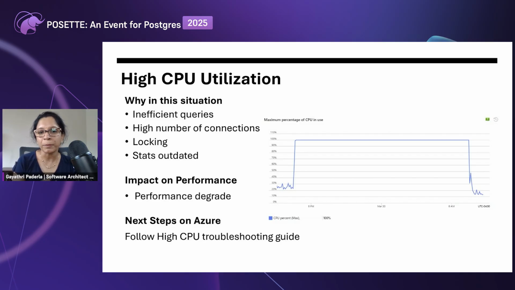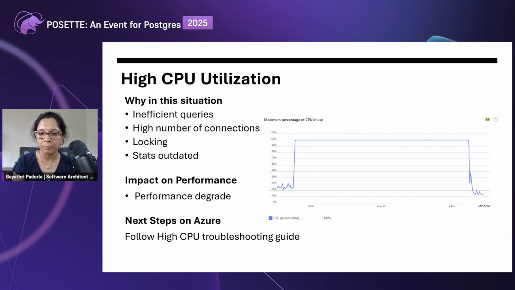If your PG stats are outdated, in all these scenarios you will see that your CPU utilization has gone high. The moment your CPU utilization goes high, the performance of the server and of the queries degrades. To avoid being in that situation, we walk you through the recommended actions.